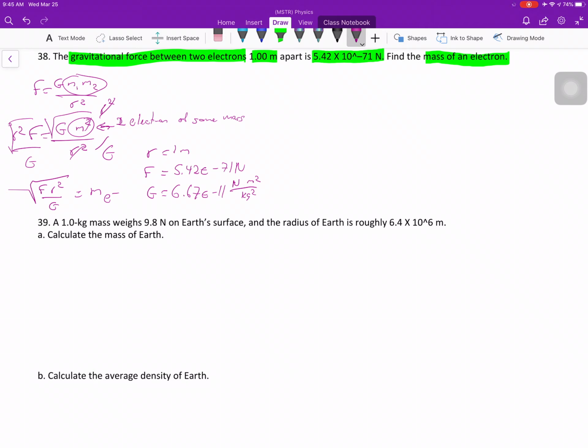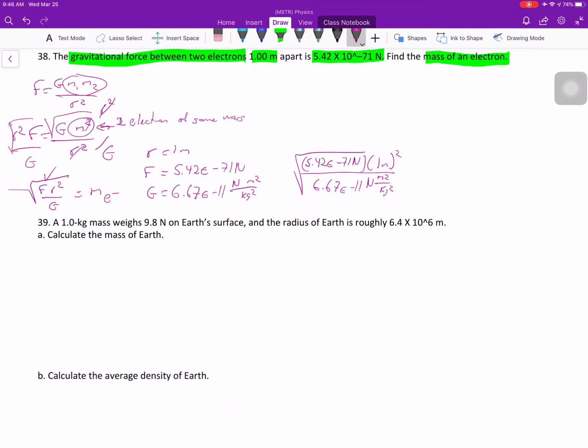So now when we plug in, we look at the force, square root. The force we said was 5.42 times 10 to the negative 71 newtons. That takes care of the F. The r squared, that's 1 meter squared, all over g, which is 6.67 times 10 to the negative 11th newton meters squared per kilogram squared.